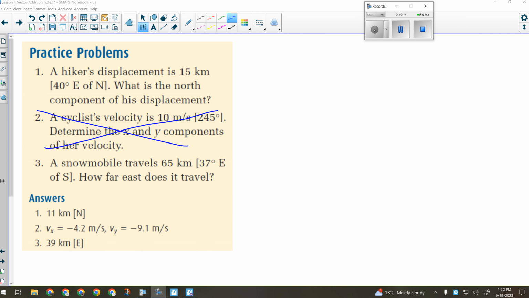Okay, so on question number 1, they tell us a hiker's displacement is 15 kilometers at 40 degrees east of north. What's my reference direction? North, because it says we went east of north. So I draw a reference line that goes north and I go 40 degrees east of it. 15 kilometers. They want to know what the north component is.